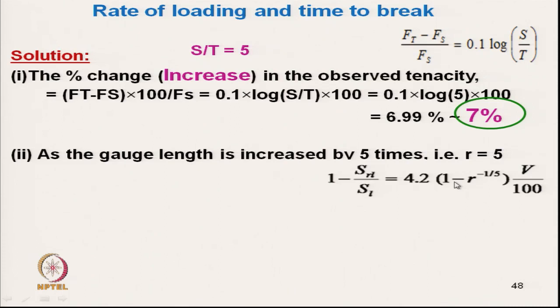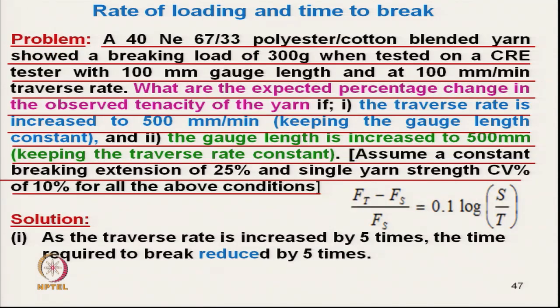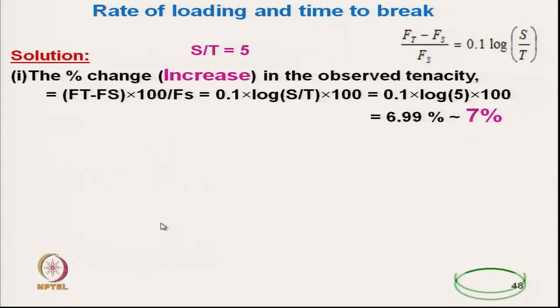And which one is unknown here? The V is unknown, but V is given. In the numerical, the V value is given, that is the single yarn strength CV, it is given as 10. So, we will use V as 10 here.